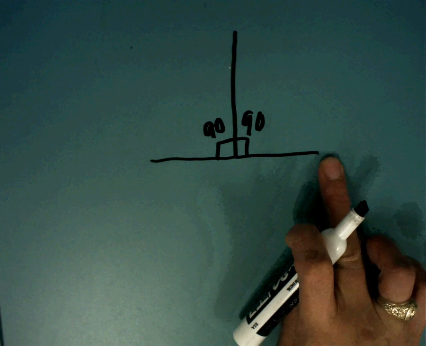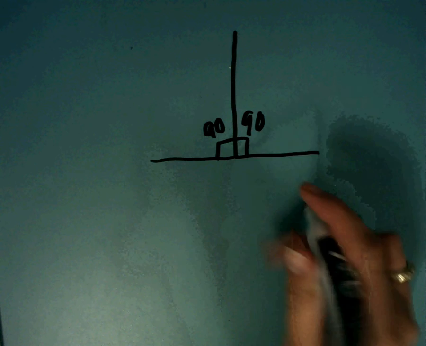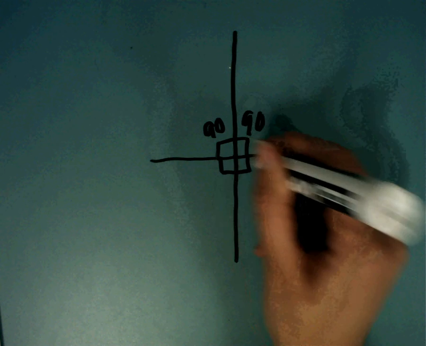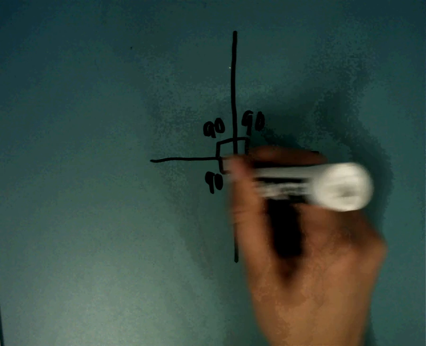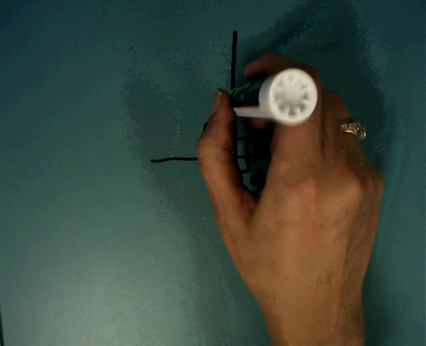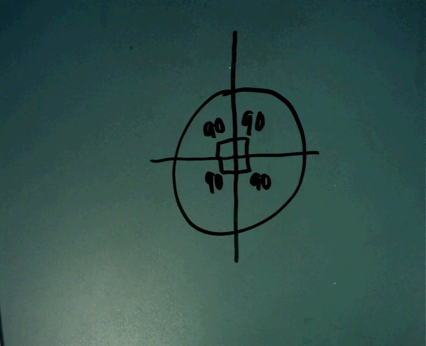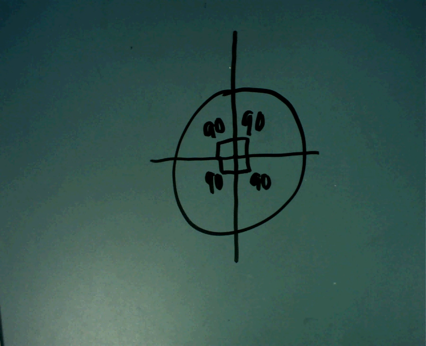If I happen to double that, make it a mirror image, and I have this is 90 and this is 90, well, guess what this makes? A circle. Good little side note. That's why we have that pattern happen, okay?